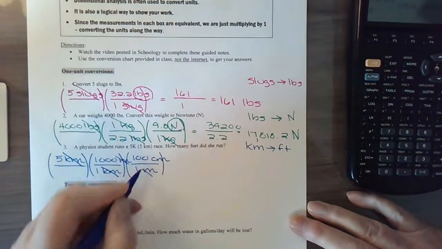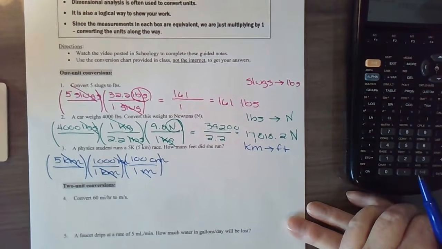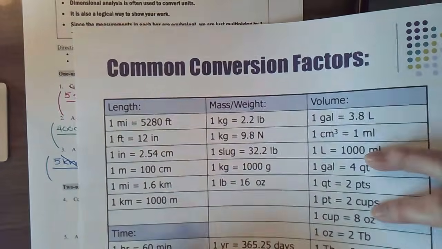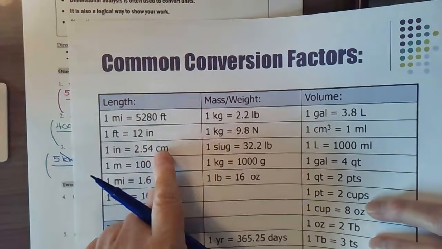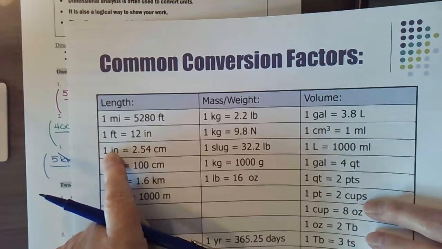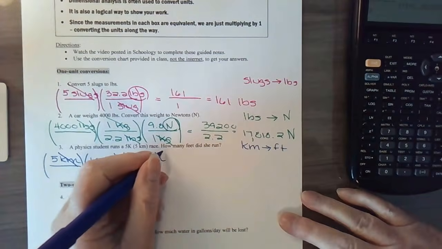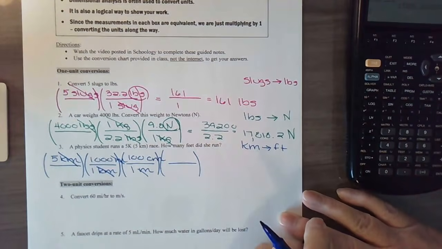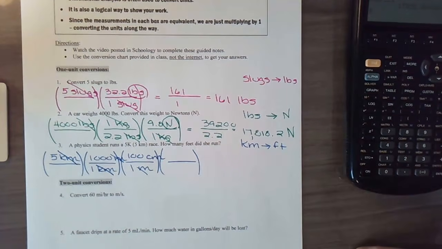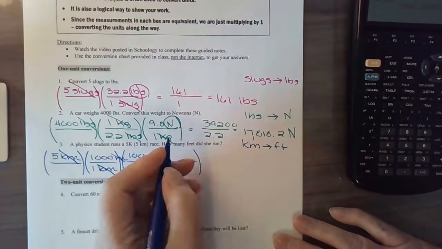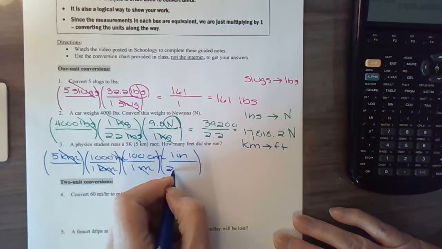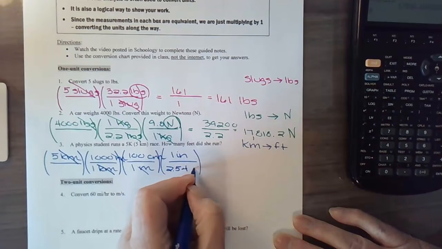Then the meters cancel, so now I have centimeters, and I've got to get to feet. What if we took centimeters to inches? That might help, so let's try that. 1 inch is 2.54 centimeters.